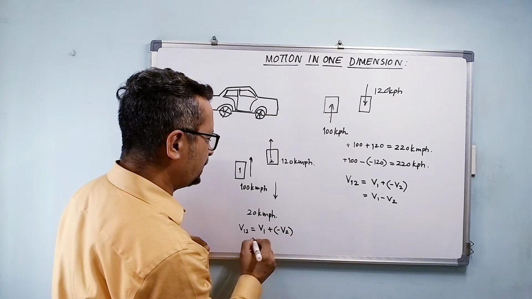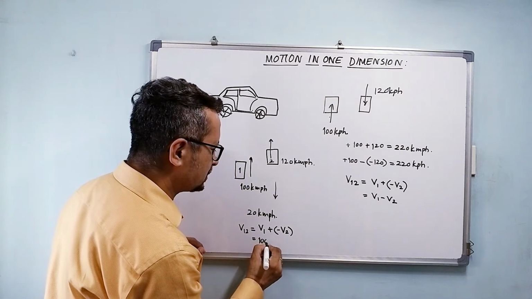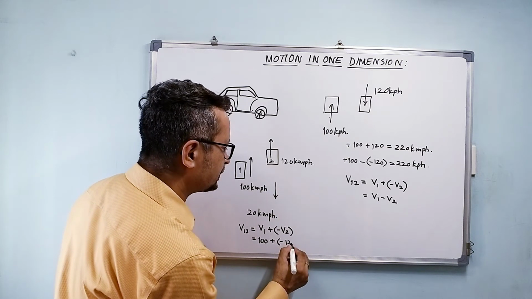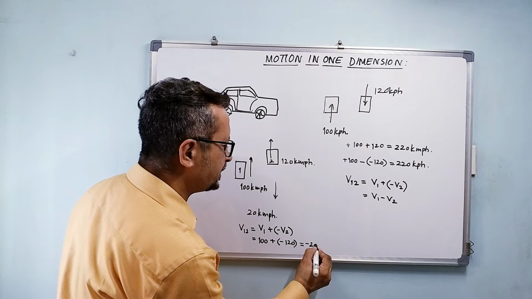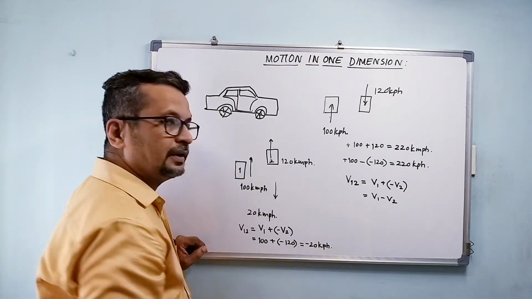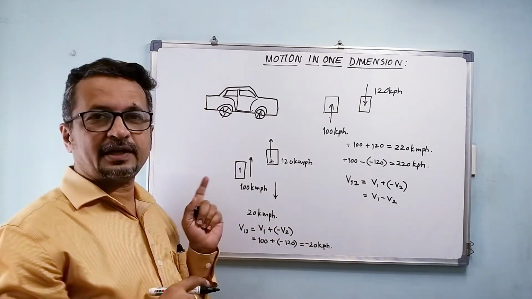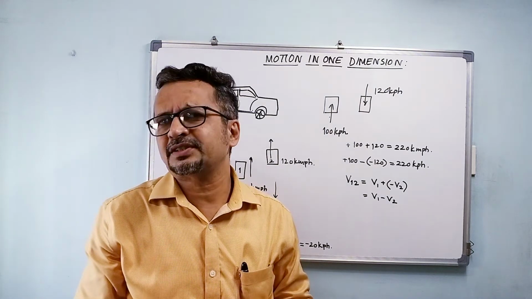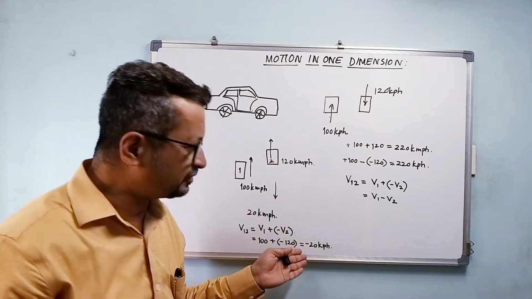Now what is my v1 here? My v1 is 100 minus 120, so that would be equal to minus 20 kilometer per hour. So the speed of my first car with respect to the second car is minus 20. Compared to my second car, the speed of the first car is less, isn't it? Less by 20 kilometers, so my negative sign here.